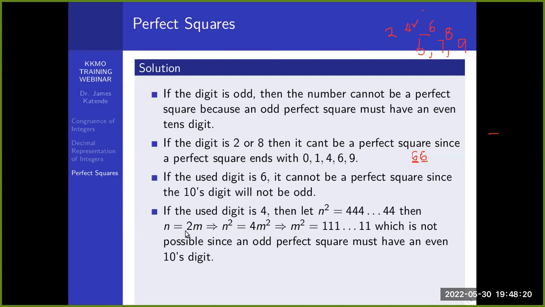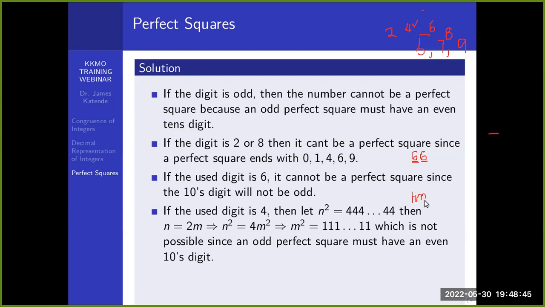So if n is even, we can write it as a multiple of 2, so we can write it as 2m. Then n squared will be the same as 4m squared, and 4m squared will be equal to this number.